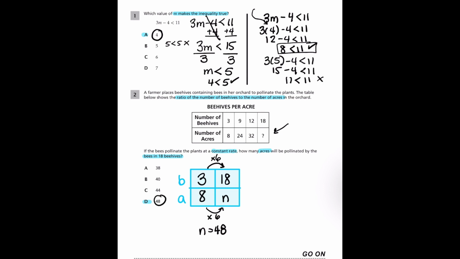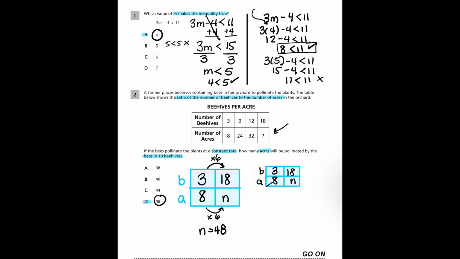If you didn't see what the number was, you could create an equivalent ratio. I'll show you what I mean. So let's say I had done a table, 3, 8, 18, n. I can use cross products to make an equation.